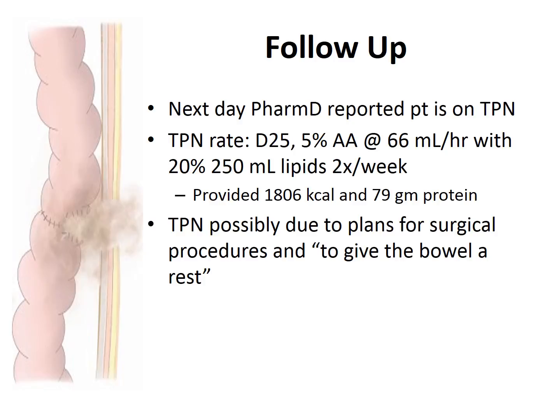When looking at the surgical notes, it wasn't completely clear why the TPN was indicated, but it appeared that it may be due to plans for surgery and to give the bowel a rest.